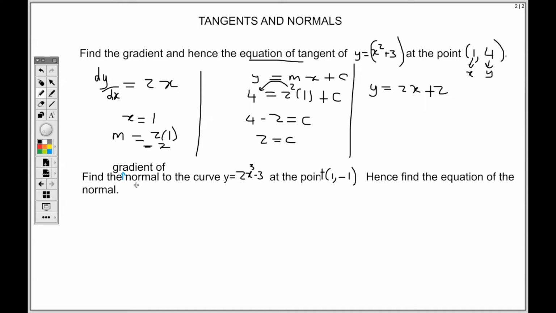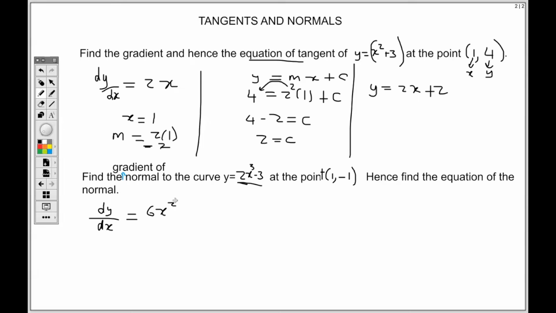To find the gradient of the normal, I will first differentiate as before and get the gradient function. So I'm going to find dy upon dx, differentiating y with respect to x, and differentiating y equals x cubed minus 3, I will get 3x squared, and this is the gradient function.